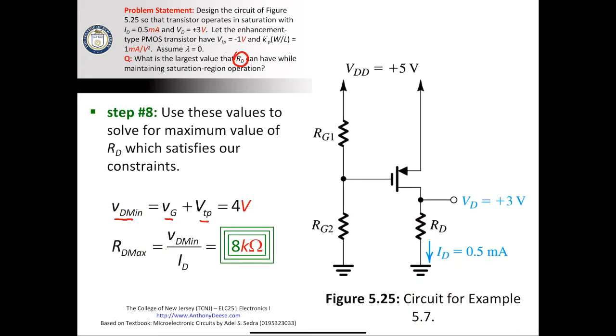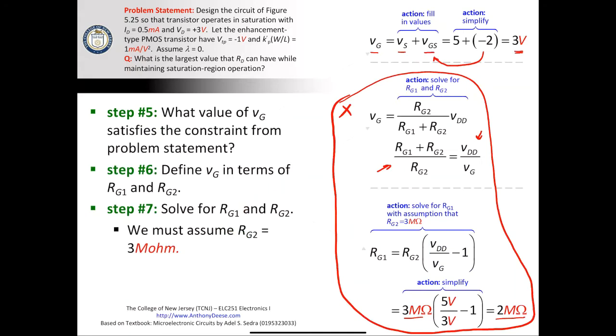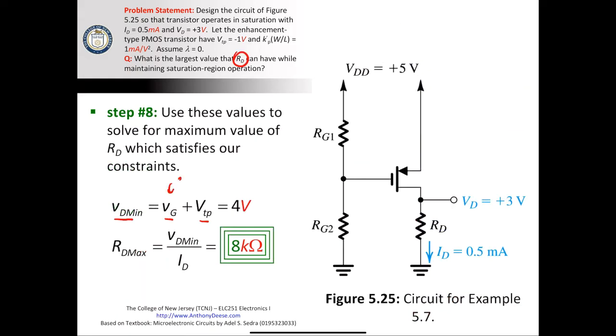And so we plug in the values that we know. We know that VG, goes back here, is 3 volts. We know that this is 1 volt. And so that gives us a VD min value of 4 volts, which we then divide by our 0.5 milliamps, and we get 8 kilo ohms right here.